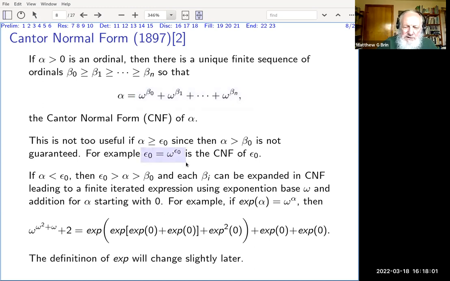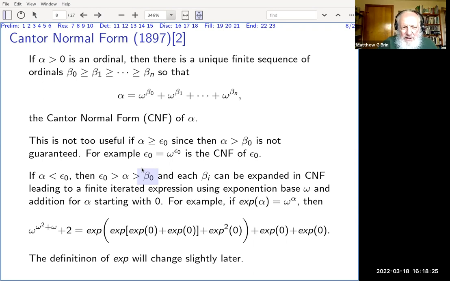Epsilon naught equals omega to the epsilon naught is, in fact, the Cantor normal form for epsilon naught.